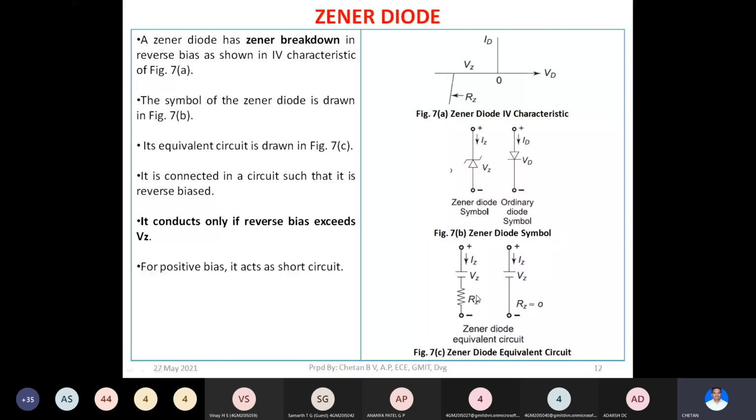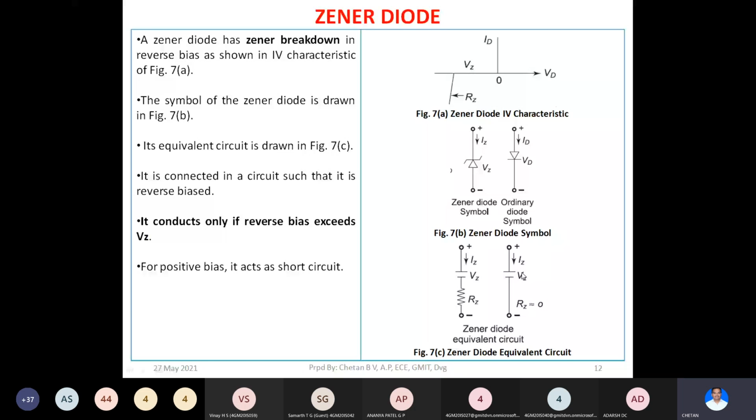Here you can find a slight slope, right? It is the variation in VZ divided by the variation in IZ. That slope represents the dynamic resistance in the reverse direction. If you make this dynamic resistance zero, then you will have the approximate model for this Zener diode, which will have only the battery, that is VZ.